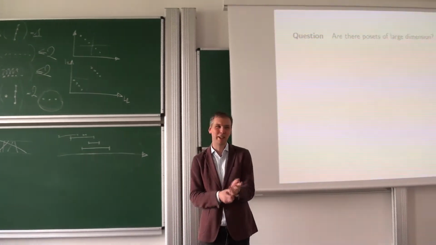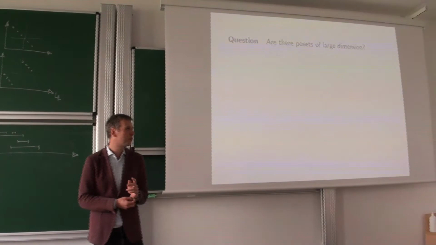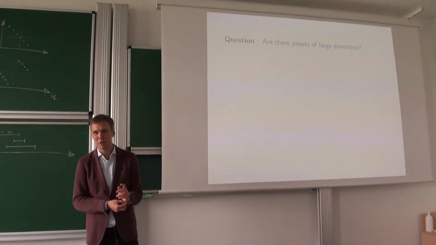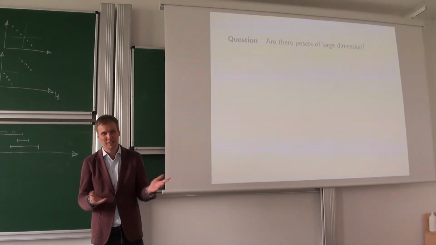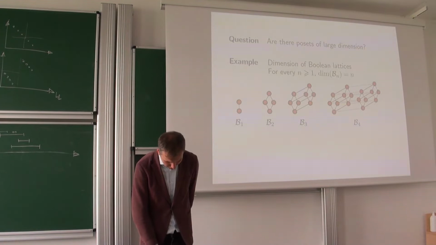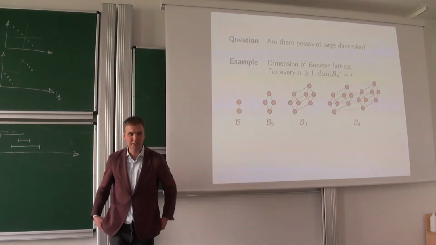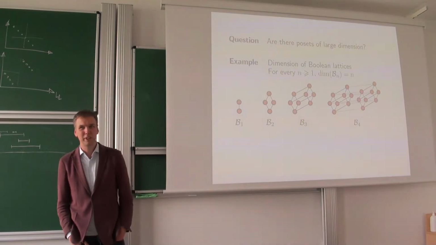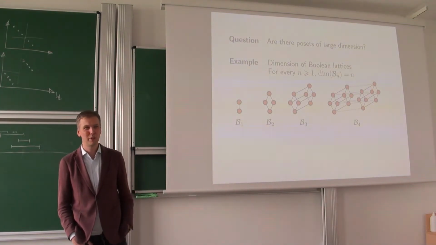Okay, I take it it's NP-hard to say if a poset has dimension at most 3, but maybe all posets have dimension at most 10. Not totally excluded yet, but it's not true. And if there is justice in the world, then the Boolean lattice of order n should have dimension n. And it does.